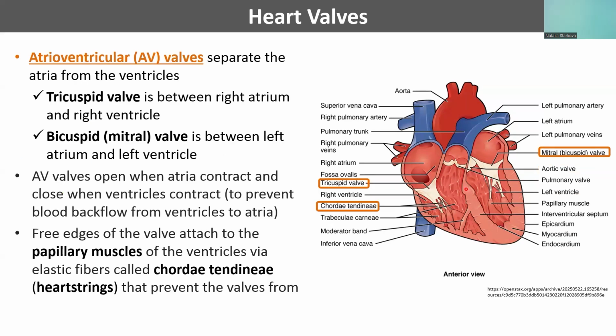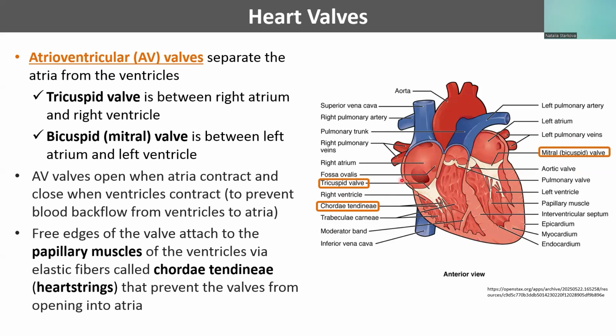So the AV valves, atrioventricular valves, are between the atria and ventricles. Each one has its own name. The one in the right part of the heart is the tricuspid valve, and the one in the left is the bicuspid valve, also called the mitral valve.